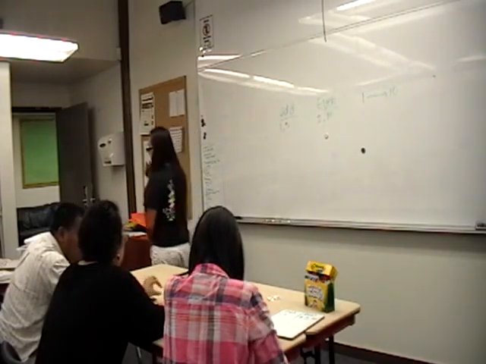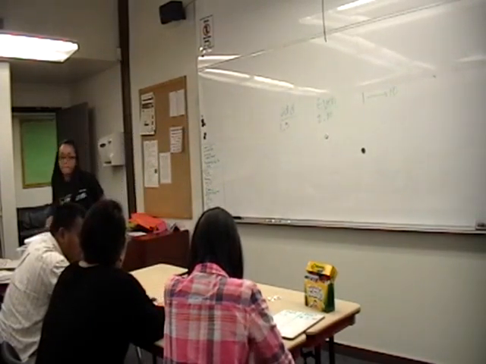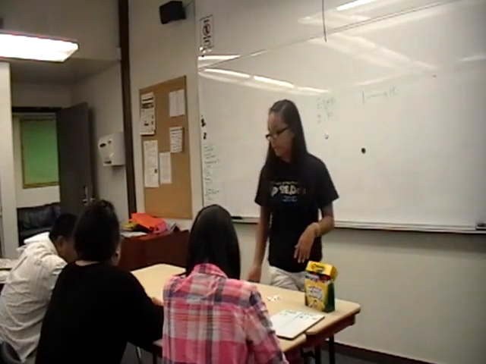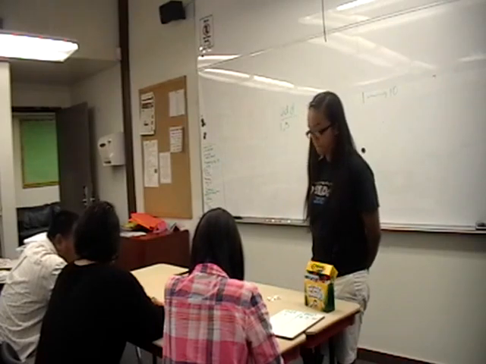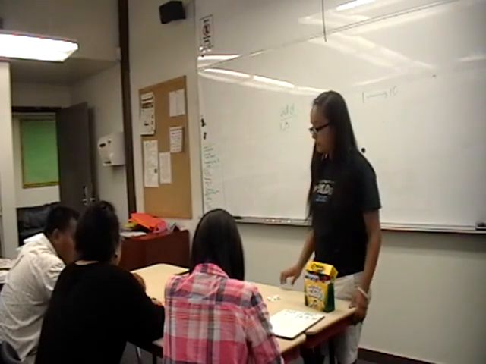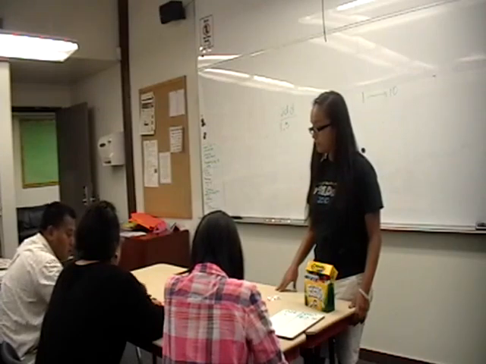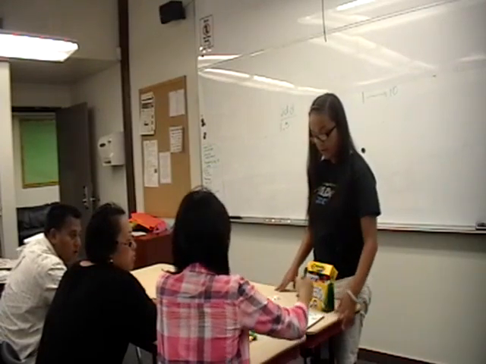1, 2, 3, 4, 5. Odd number. Because these two are together, and this one is lonely. Okay, recorder: 5.